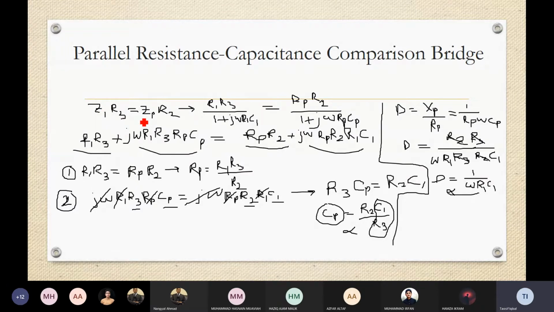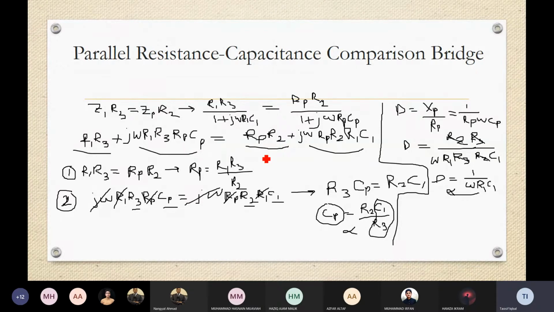So Z1 into R3 equals Zp into R2, and we can put in the value of Z1, which is R1 over 1 plus j omega R1 C1, multiplied by R3. On the other side, we have Rp R2 divided by 1 plus j omega Rp Cp. Now we simplify it, and we get R1 R3 plus the imaginary component j omega R1 R3 Rp Cp.